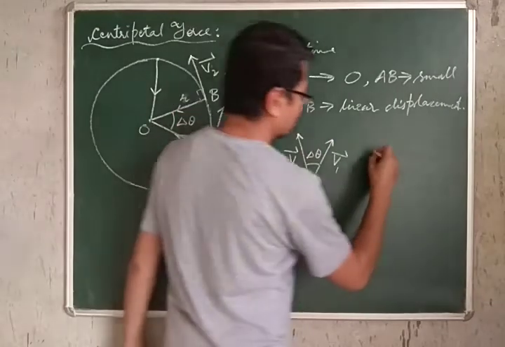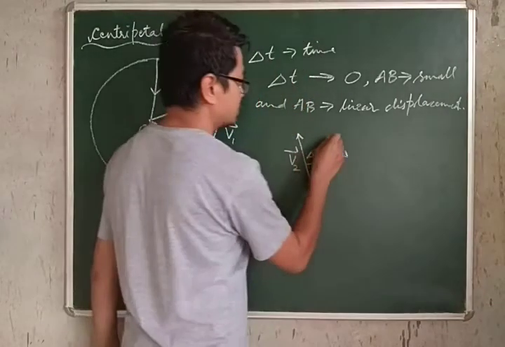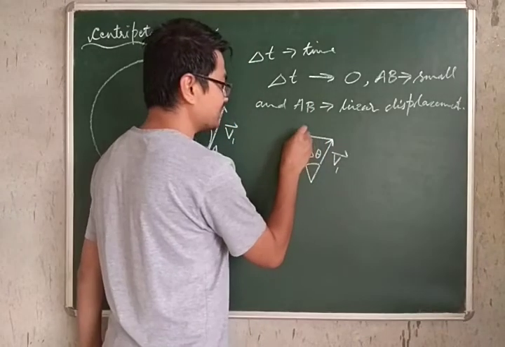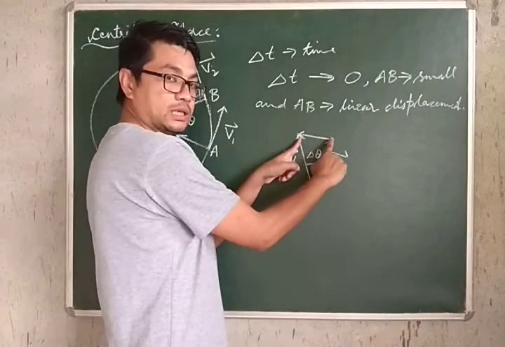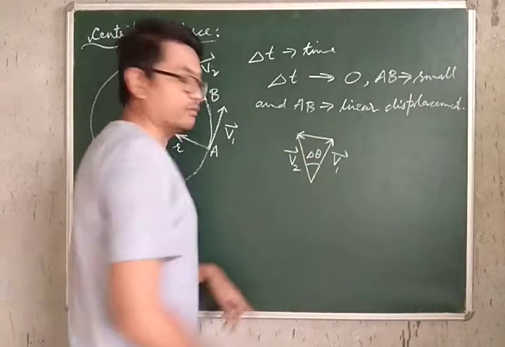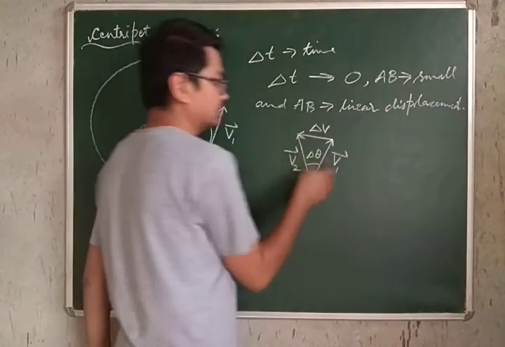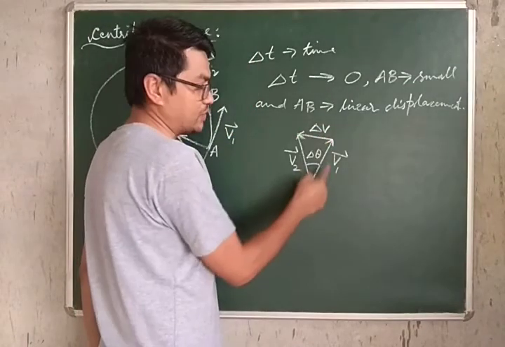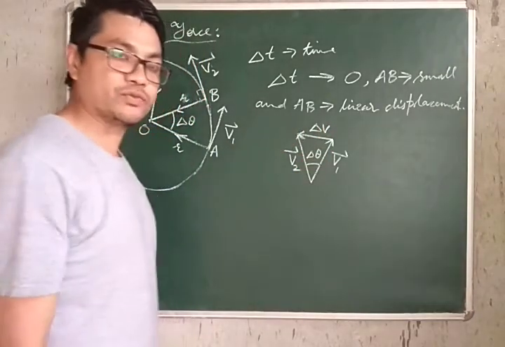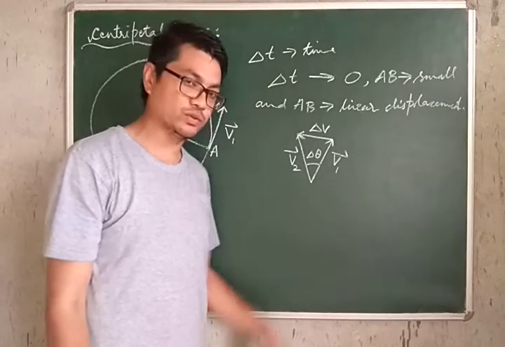If I draw from v1 to v2 this displacement vector, the difference between velocity v1 and velocity v2, let me call this delta v. This is the change in the velocity from v1 to v2. Now, how do you find the change in velocity from v1 to v2?